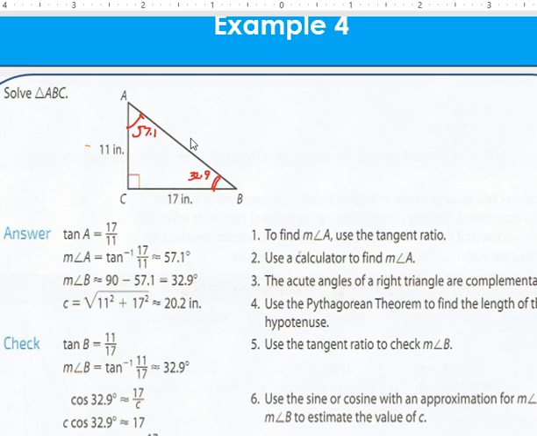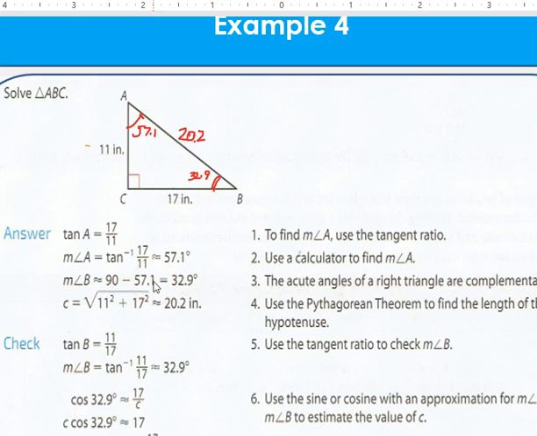That's 410, and if you take the square root of 410, you get approximately 20.2 inches. So this will be side C, and we'll fill that in, 20.2.